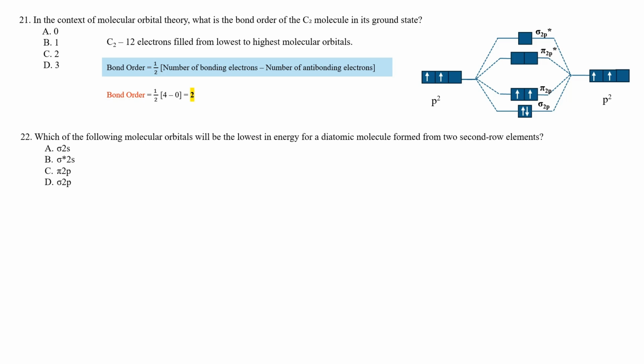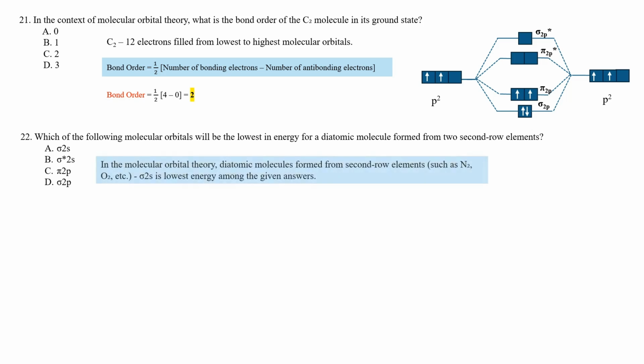Next question. Which of the following molecular orbitals will be the lowest in energy for the diatomic molecule formed from second row elements? Second row elements are from lithium to neon. In molecular orbital theory, for diatomic molecules formed from second row elements like N2, C2, O2, sigma 1s, the bonding molecular orbital, should be the lowest in energy.